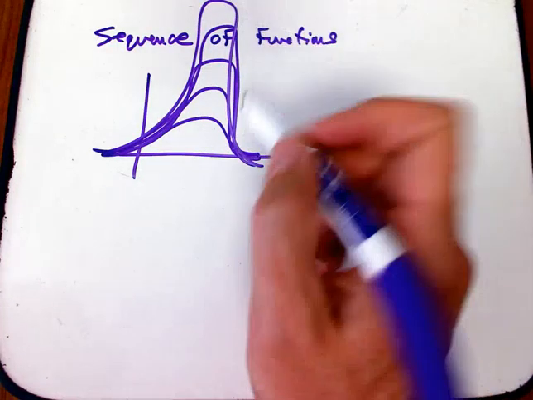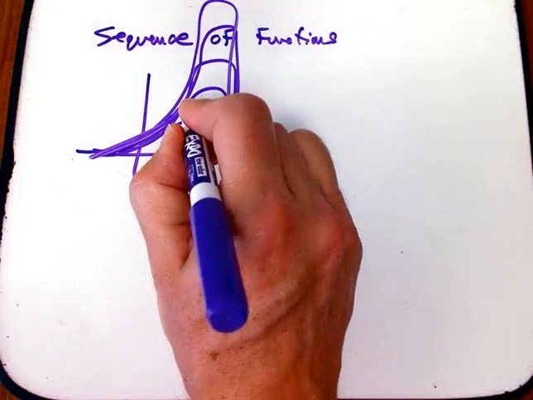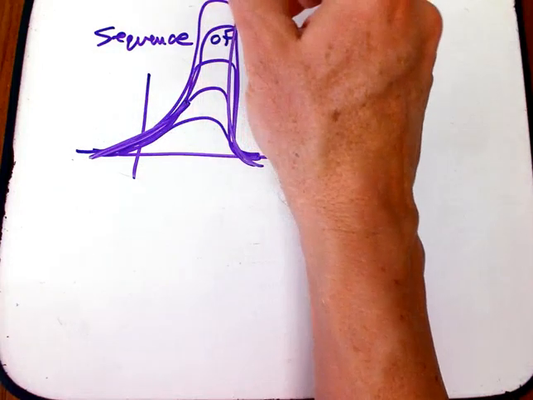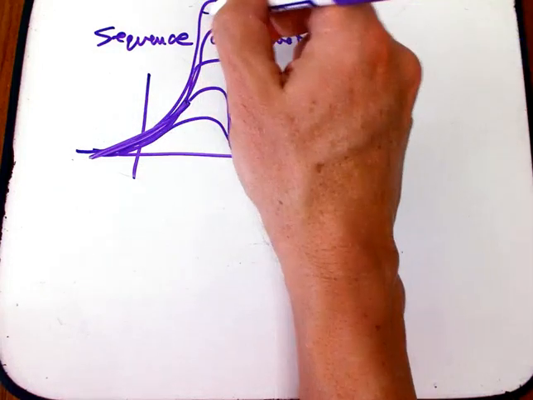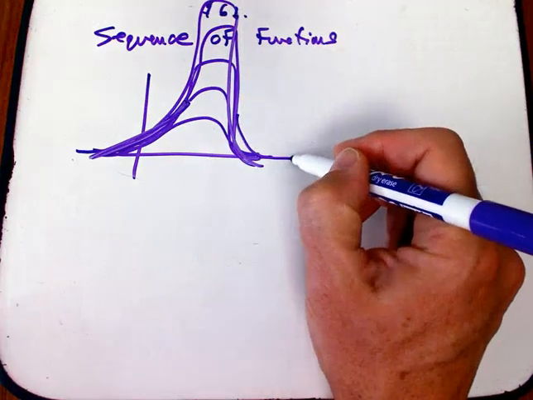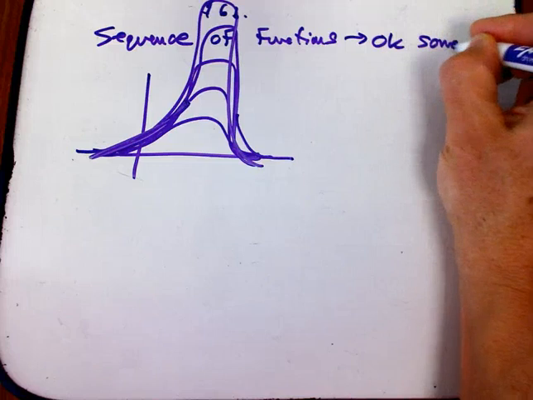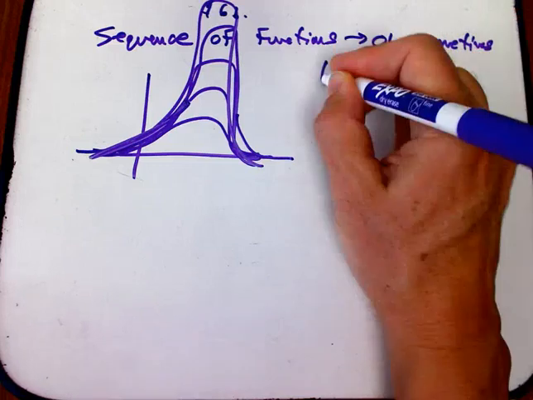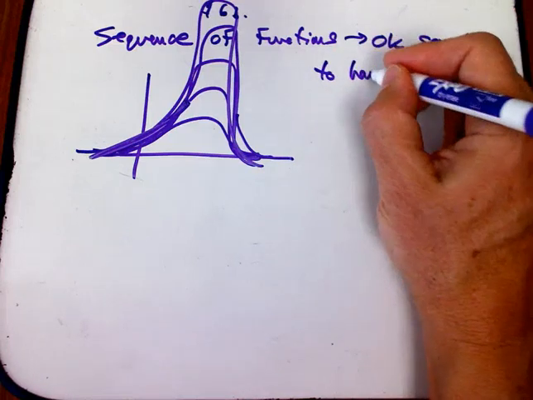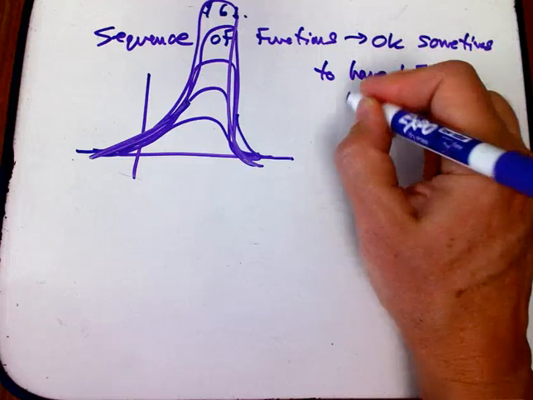And then you might have some limit function that has finite values here, and then just infinity going up here, and then maybe back to finite values. So it turns out in certain circumstances, if you're really careful, it's sometimes okay to have infinite limit values.